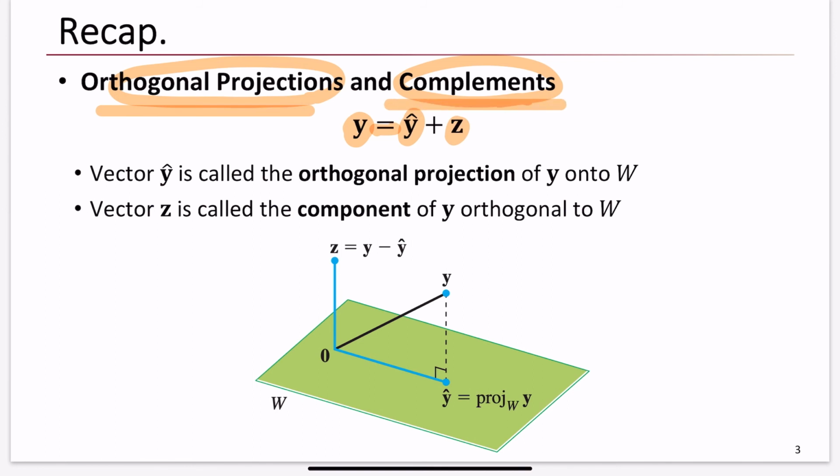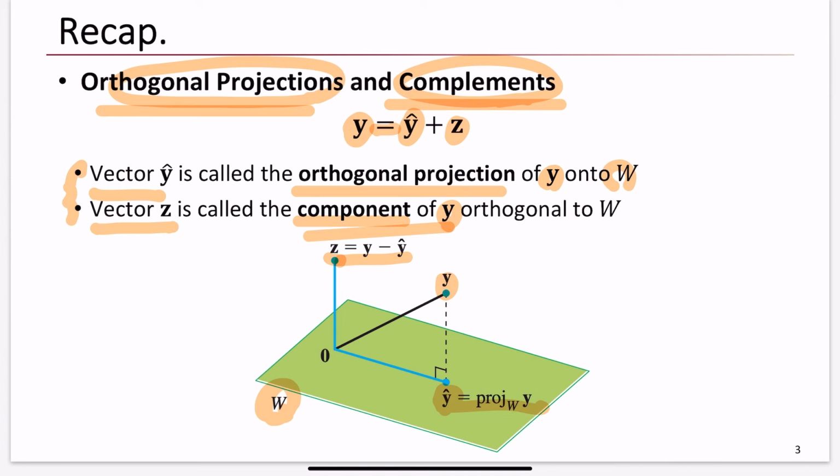The Y hat is called the orthogonal projection of Y onto W. Vector Z is called the component of Y orthogonal to W. It was a definition which can be drawn here. Y, W is here, vector Y is here, Y hat. And vector Z is Y minus Y hat.